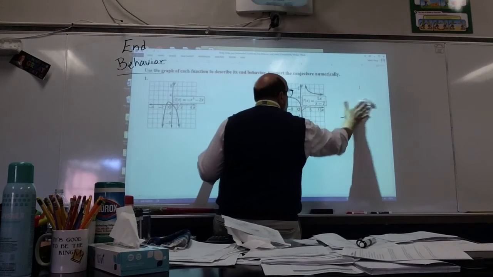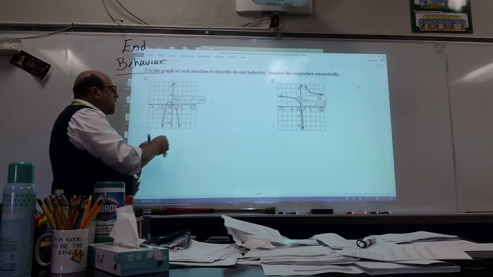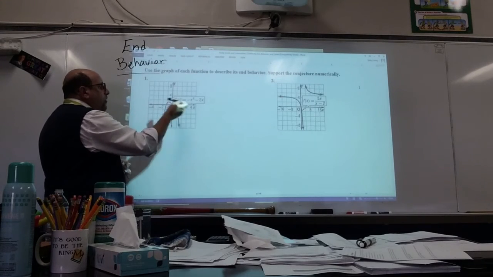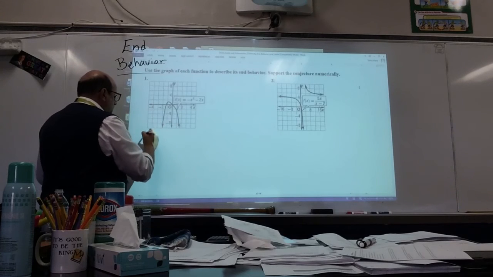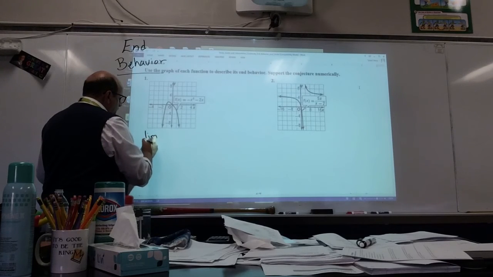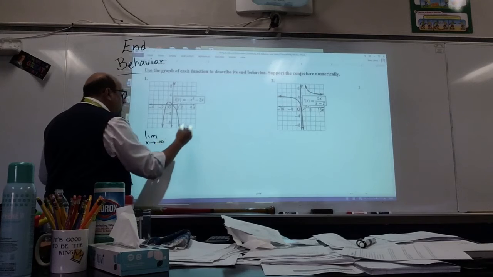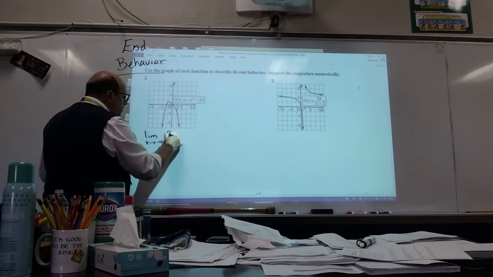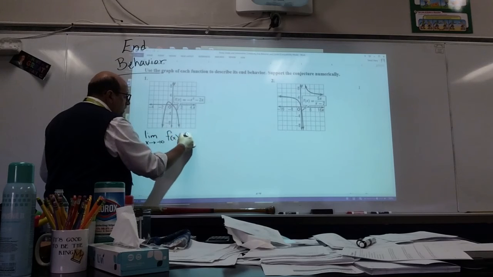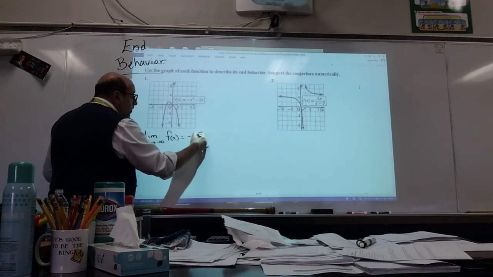For this function here, the limit as x approaches negative infinity, if it goes infinitely that way, it looks like f of x is negative infinity.